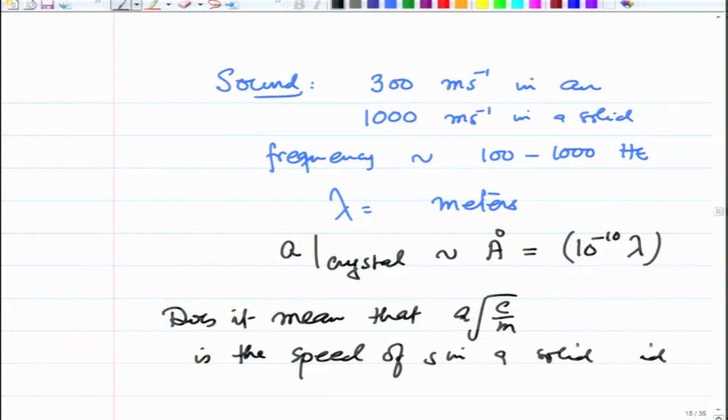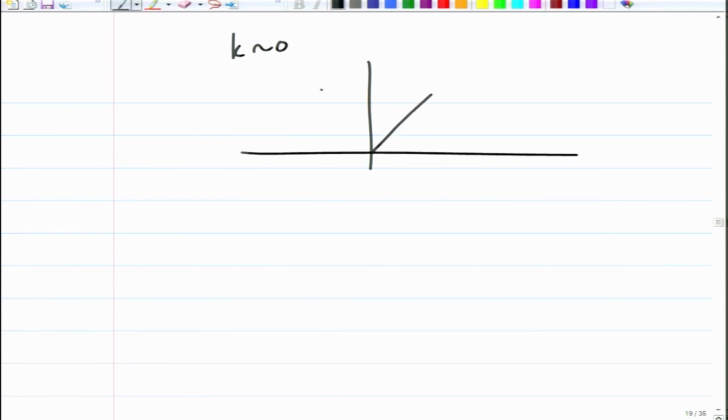From what we have done so far, it does appear like that, because what we have seen is for k nearly equal to 0, right, pi by a is way ahead, the dispersion is linear and the slope is v.